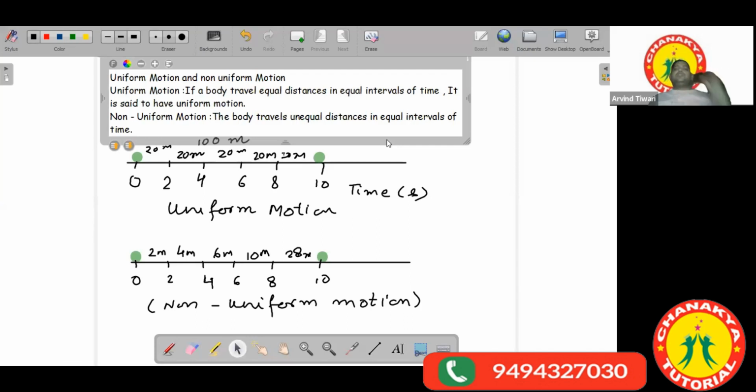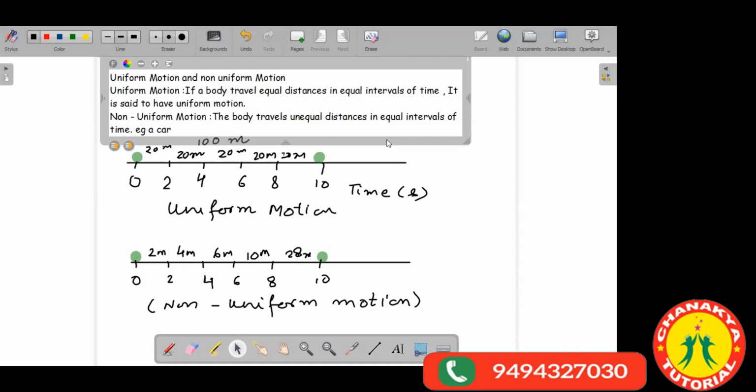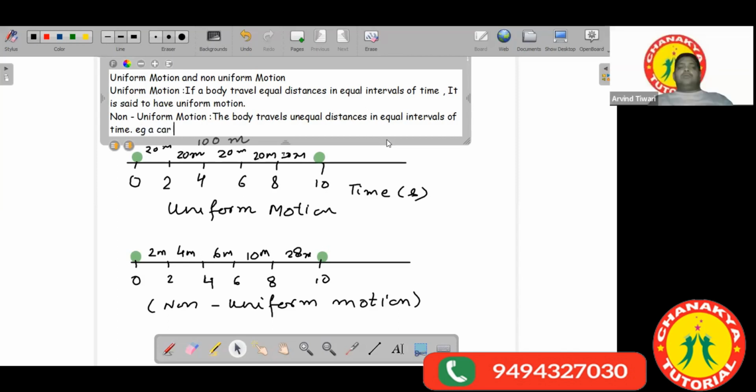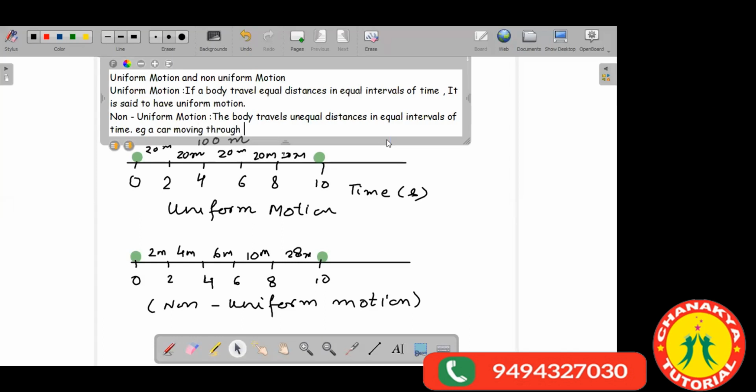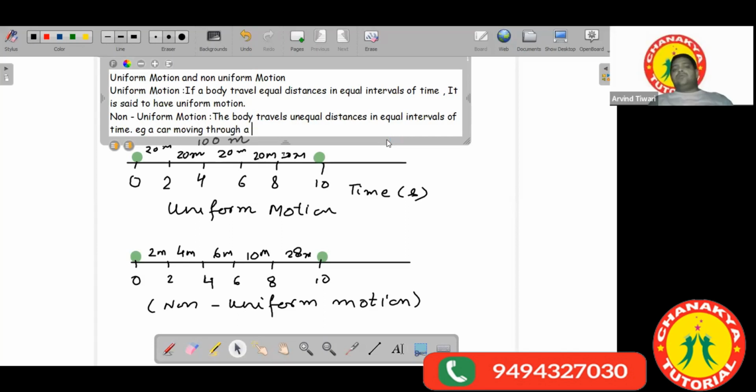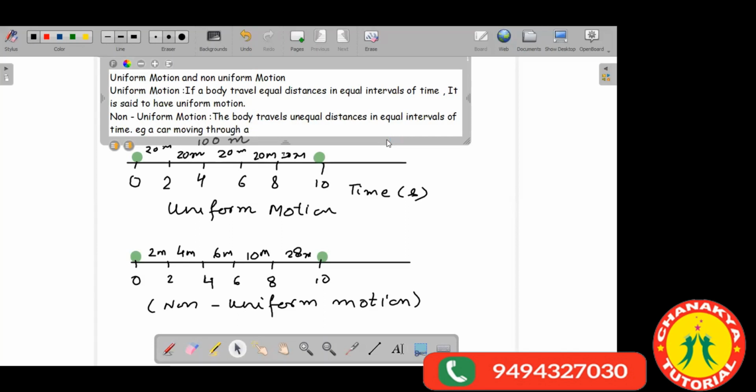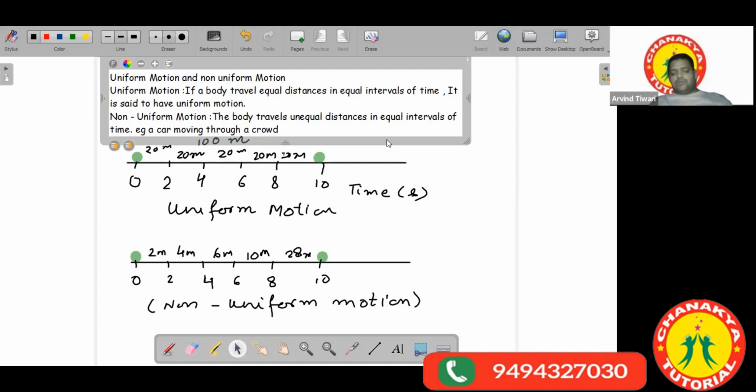What type of motion will be possessed by a car moving through crowded traffic, a crowded market?